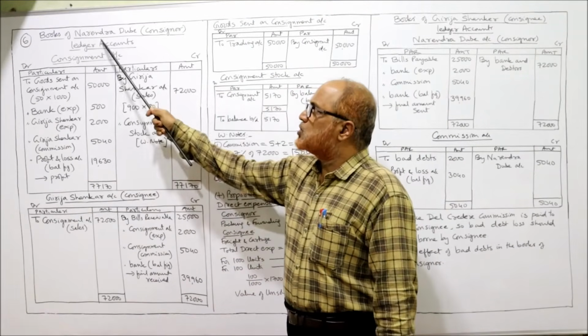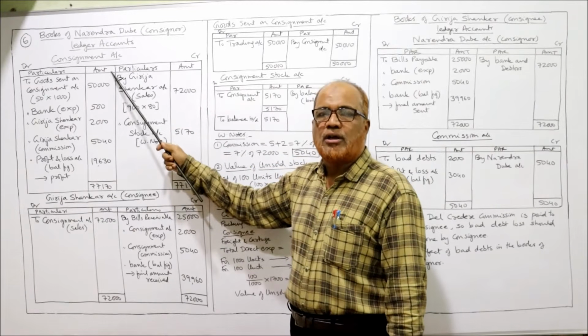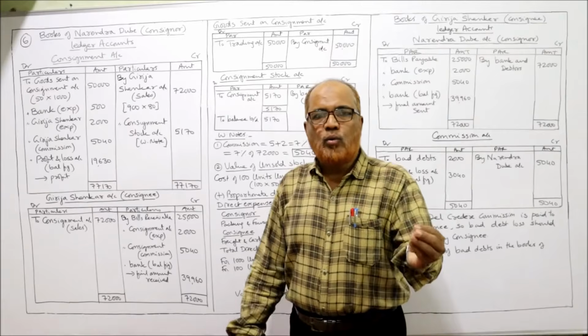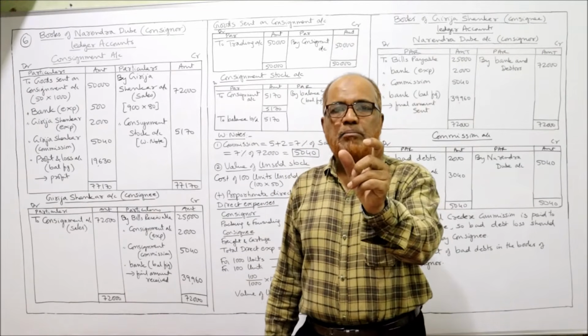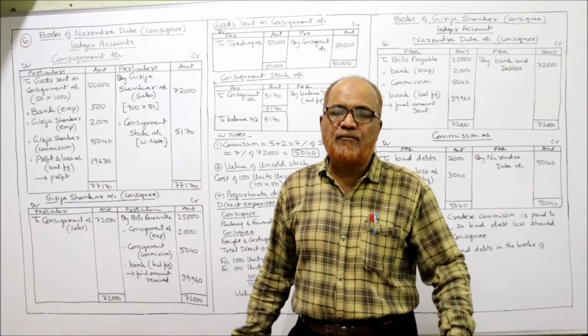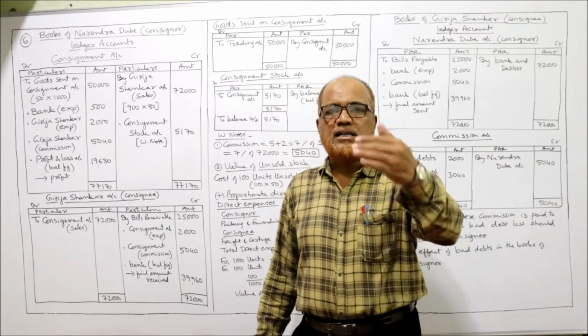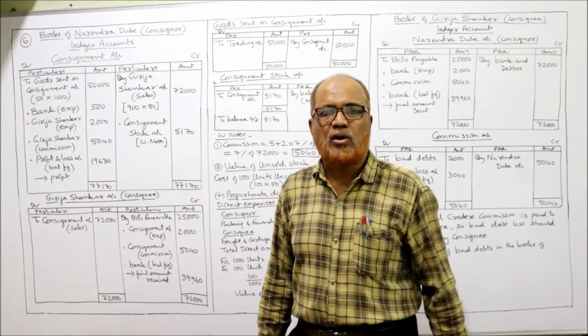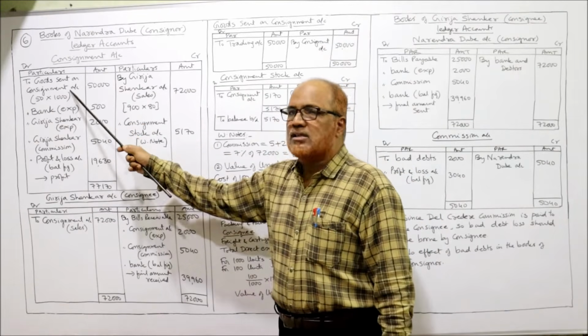These 4 ledger accounts are necessary in the books of the consignor Narendra Dubey. So here, books of Narendra Dubey, he is the consignor, ledger accounts, consignment. First entry, when goods are sent: consignment account debited to goods sent on consignment.